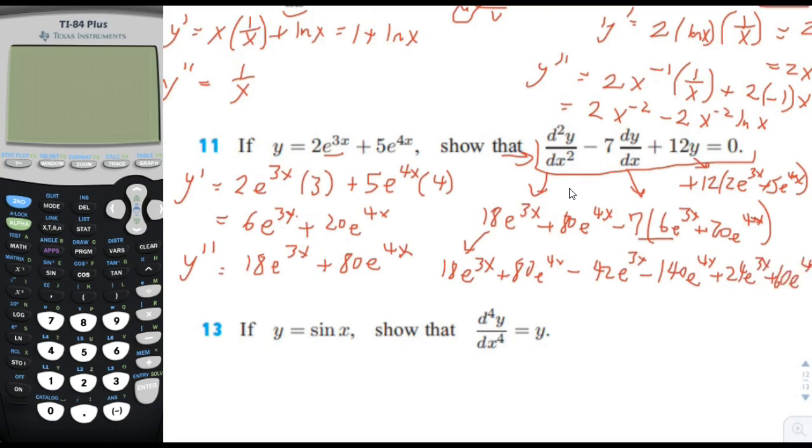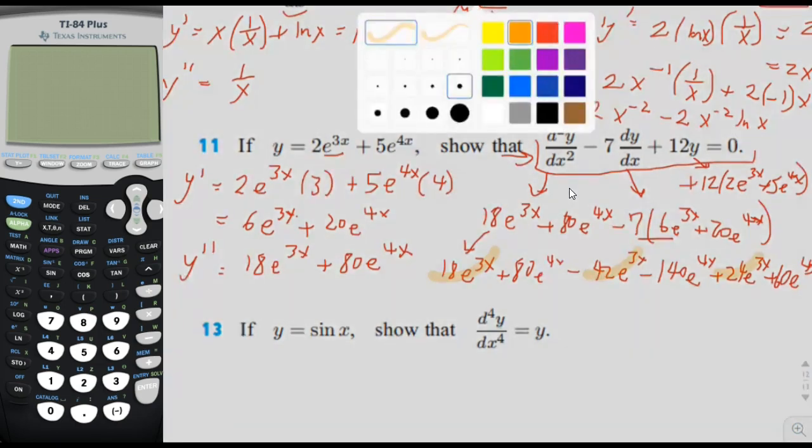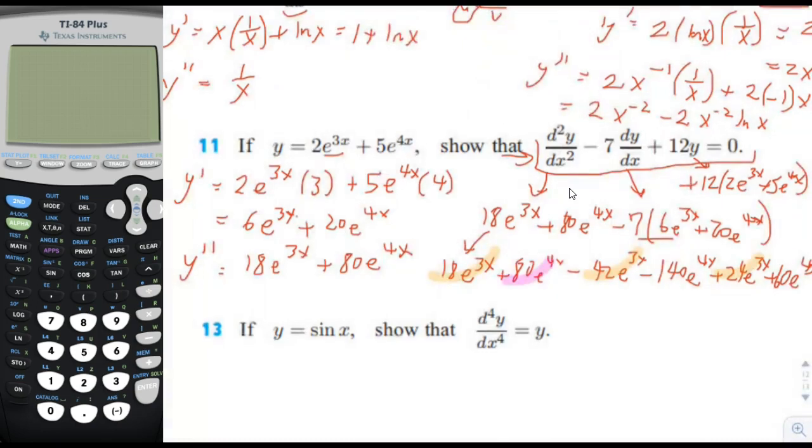Now let's see if all this cancels out. So I'm going to color the e to the 3x terms orange, and I'm going to color the e to the 4x terms pink. And we'll see how it goes.